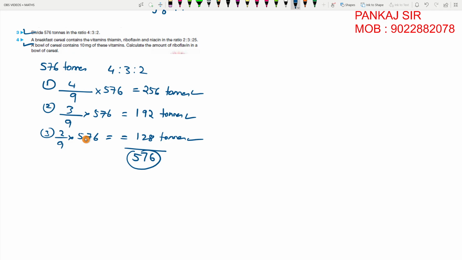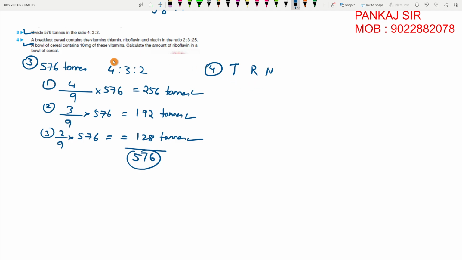Question number 4 says that a breakfast cereal contains the vitamins thiamine, so let me write T for thiamine, R for riboflavin, and N for niacin.